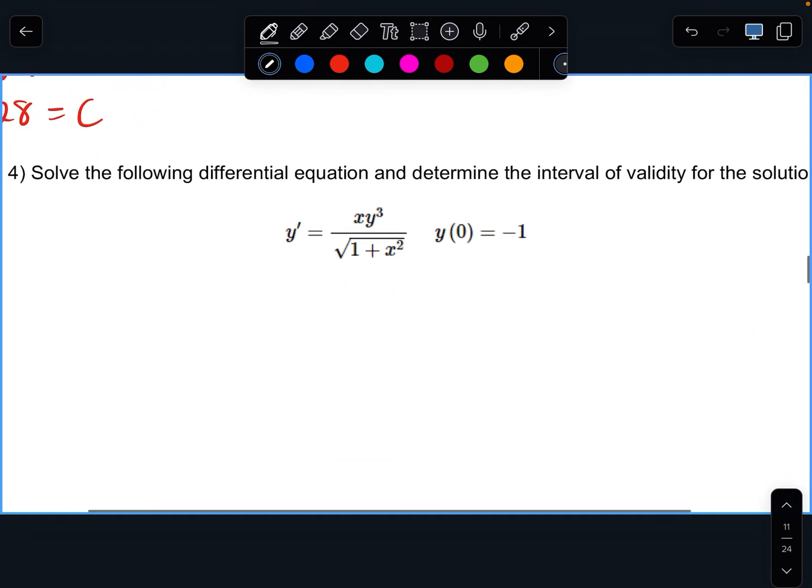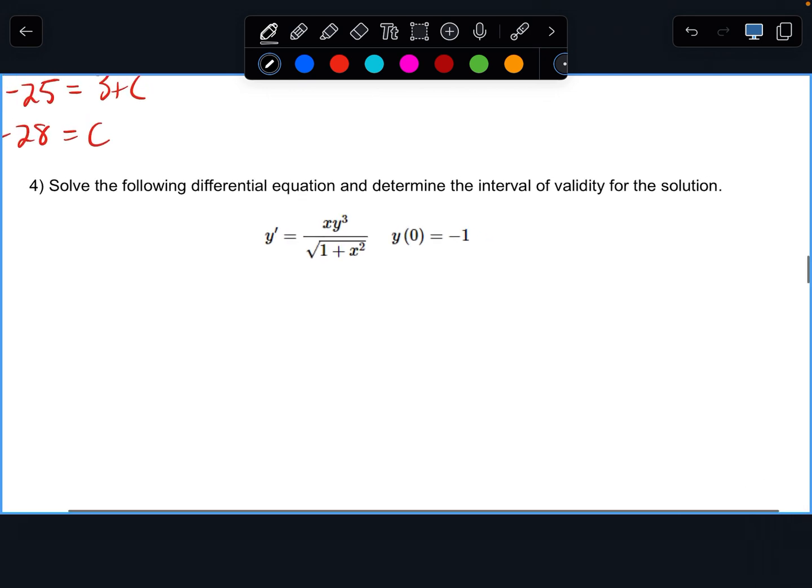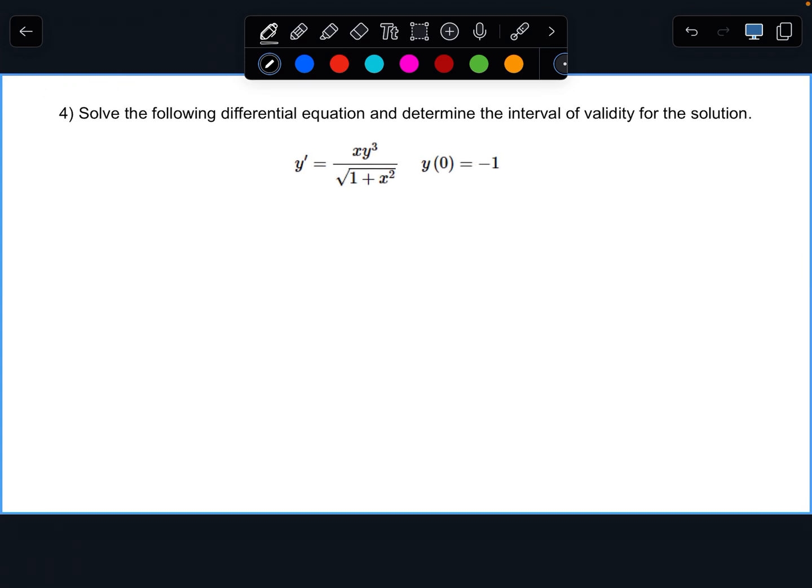Okay, next one. Look at that one. That's terrifying, isn't it? You guys aren't scared enough. Just kidding. Okay, well, this is terrifying. I'm just going to do full-on cross multiplying because this is too scary.